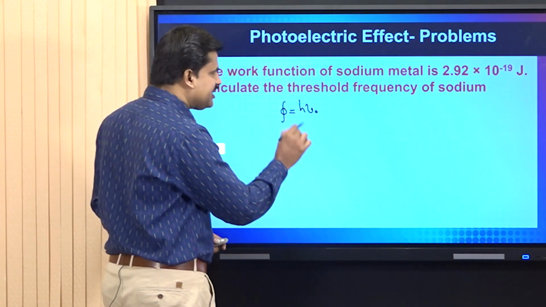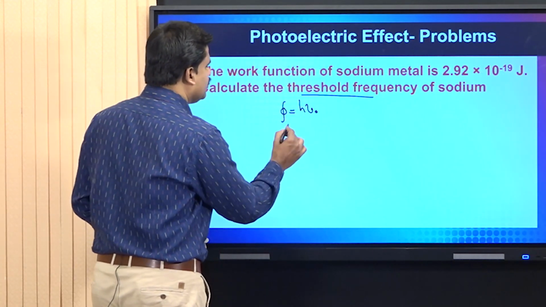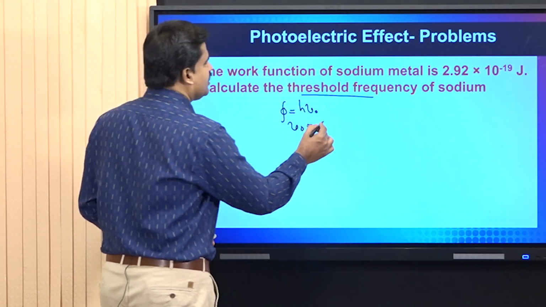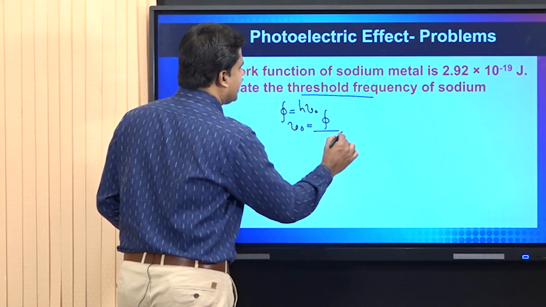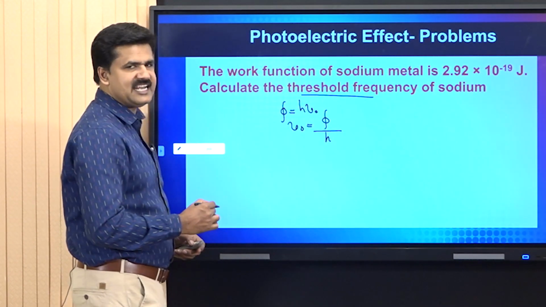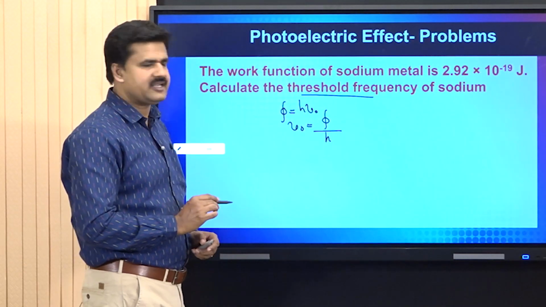We have to find out the value of threshold frequency. So, threshold frequency nu 0 is equal to work function divided by Planck's constant. We can substitute the data to get the final value of the threshold frequency.